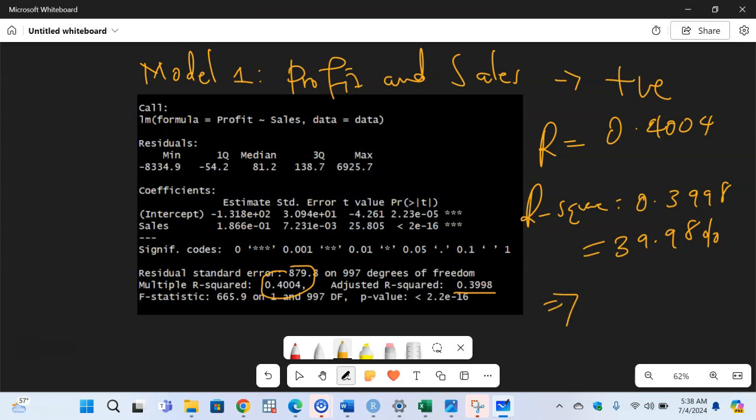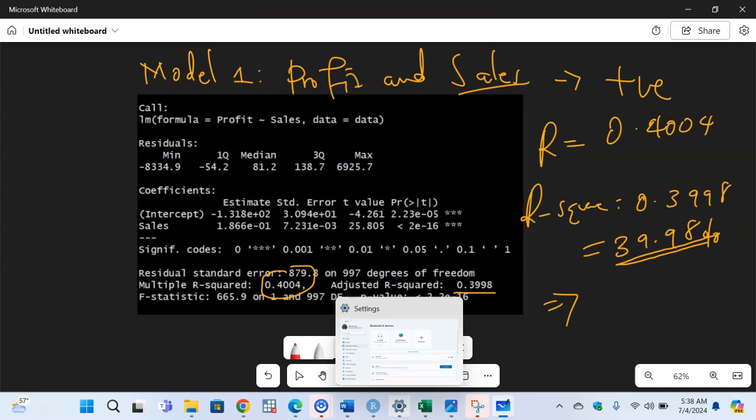This implies that 39.98% of the variation in profits is explained by changes in sales. So sales on its own, as a single variable, does not explain all the variation in the profit, but explains only 39.98% of the variation. So now this is model 1.